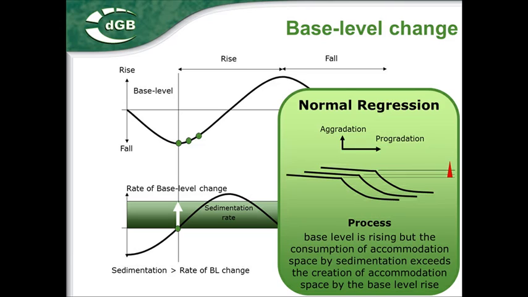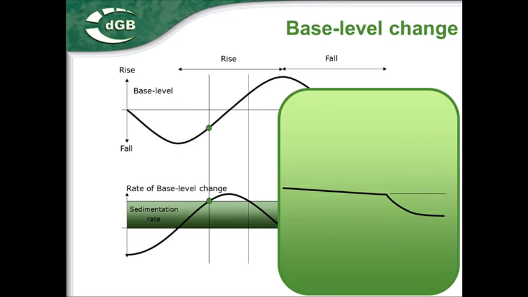The process is that the base level is rising, but the consumption of accommodation space by sedimentation exceeds the creation of accommodation space by the base level rise. That continues all the way until here. Here a new situation starts. You're still building upwards, base level is still rising, but now the sedimentation rate is smaller than the rate of base level change.